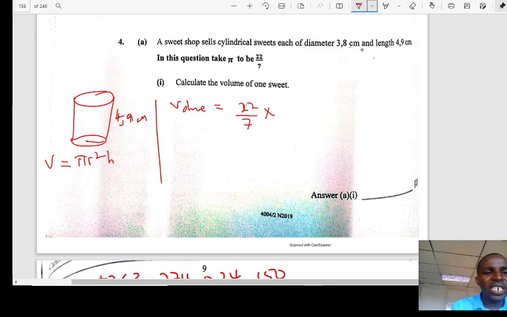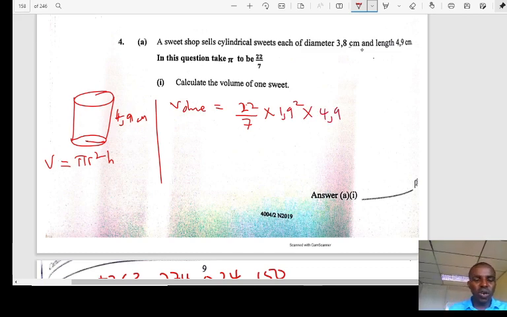Diameter is 3.8, so radius is diameter divided by 2, 3.8 divided by 2, which is 1.9. So it's 1.9 squared, times height, which is 4.9 centimeters.